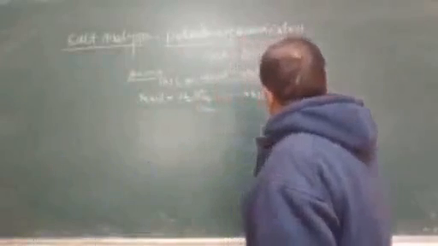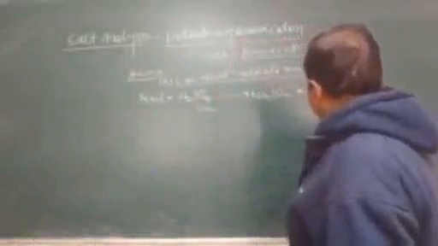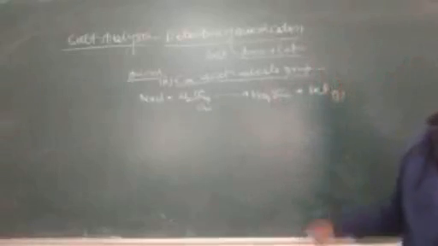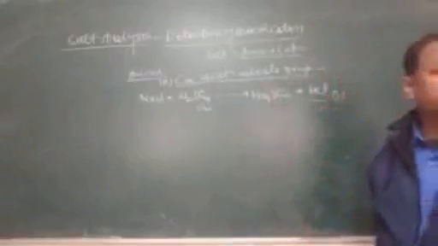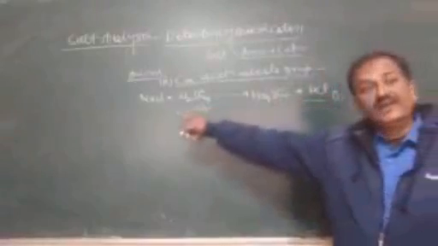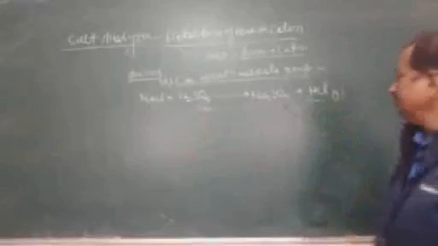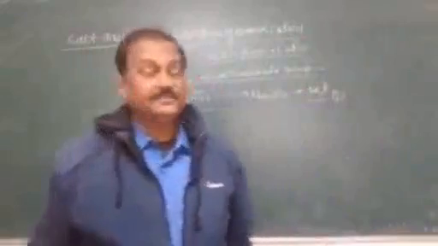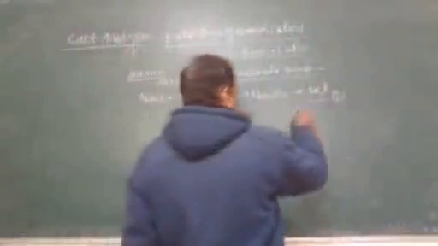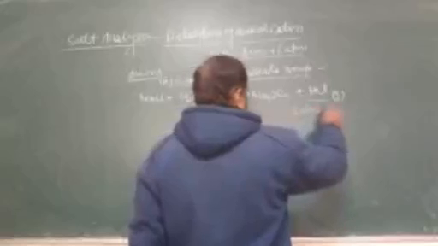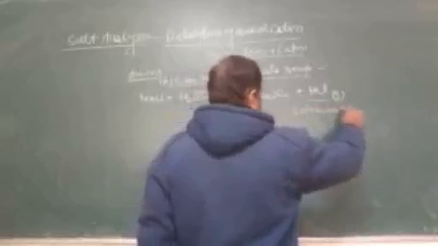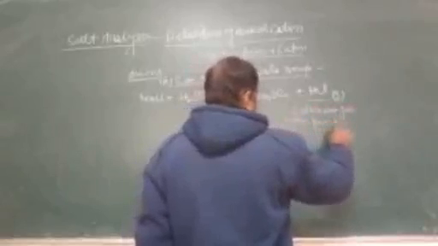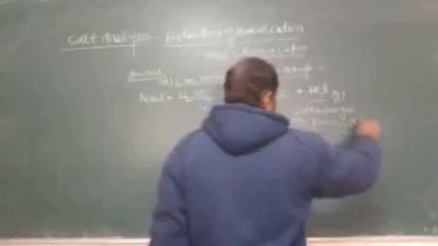So with concentrated sulfuric acid, there will be Na2SO4 plus there will be HCl. So in the case of chlorides, you get HCl gas, hydrogen chloride gas, and it is a colorless gas with pungent smell.